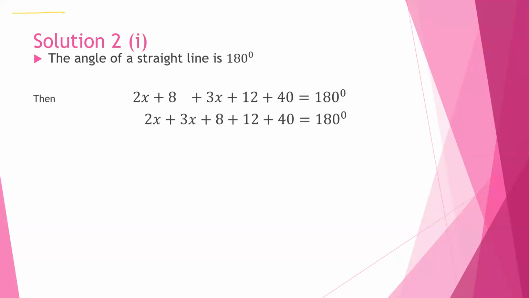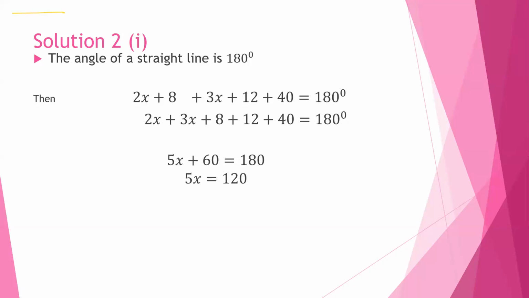So when we add everything and then we group our like terms, we have 2x plus 3x plus 8 plus 12 plus 40, which is equal to what? 180 degrees. And then we have 5x plus 60 is equal to what? 180 degrees. Then we have 5x is equal to 120, because the 60 will move to the 180 and it will change to subtraction. So we have 180 minus 60 and that will give us 120.